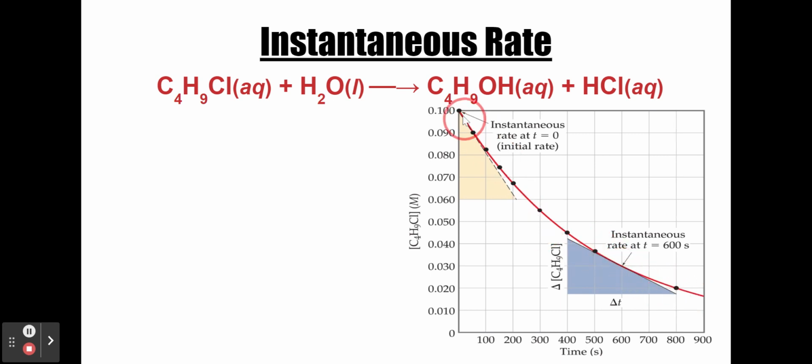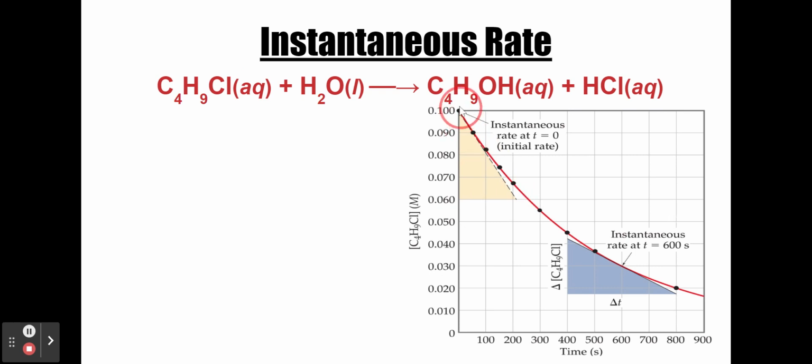The slope here is what measures the instantaneous rate. We can get the slope of the tangent line that touches our curve at the particular point we're interested in. Then we can calculate the instantaneous rate by drawing a triangle.